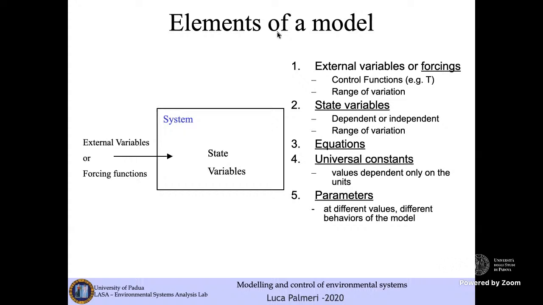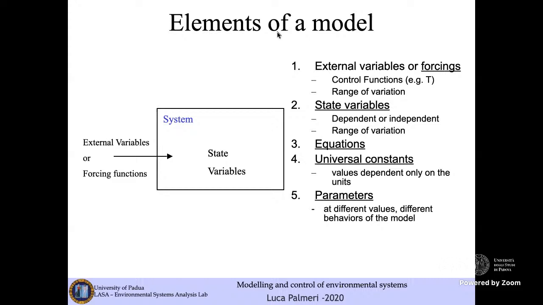Of course, living organisms have an optimal or an acceptable range of variation of temperature, meaning that below these values or above this range, the biological processes are not performing in an optimal way.